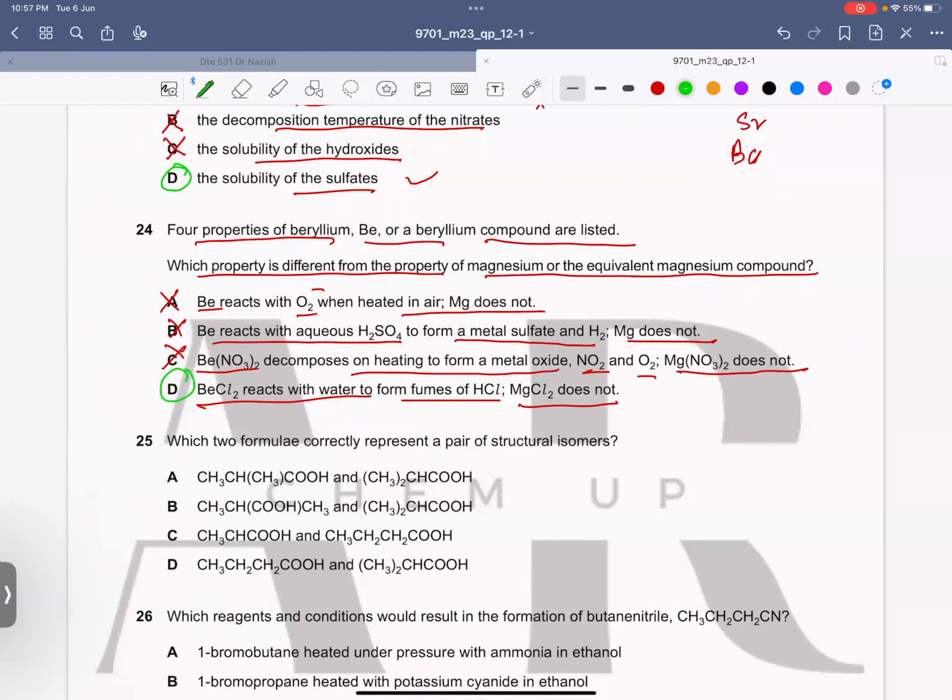Which represents a pair of structural isomers?